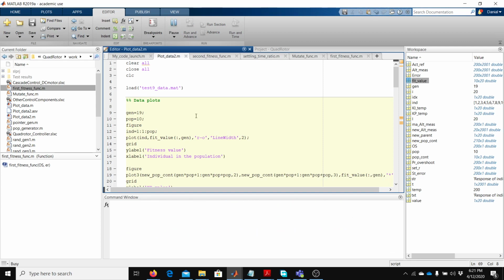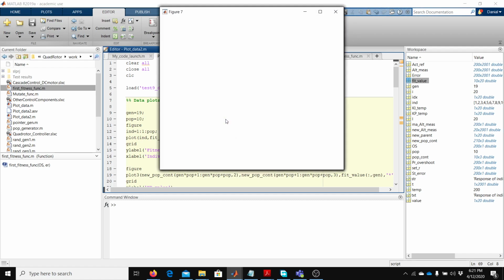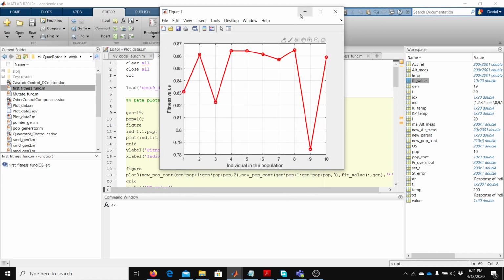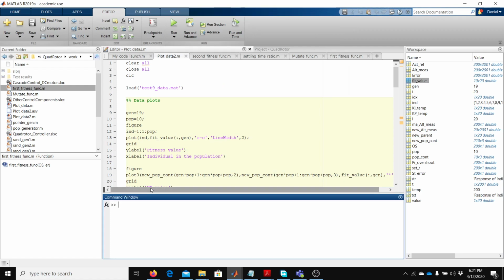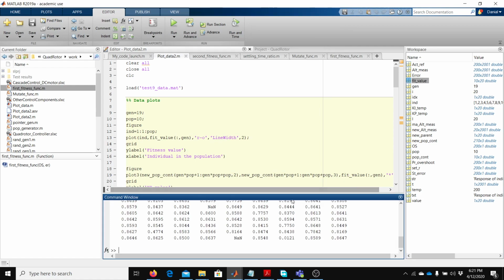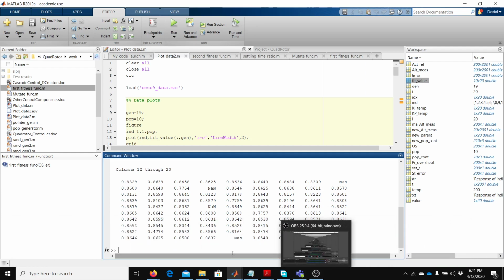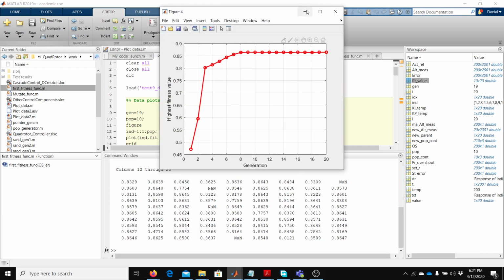So if you run these things, we're now going to get graphs, and I'm going to go through each graph as much as I can. Okay, so the very first graph shows you the fitness value of the last generation, and we can see that these are quite high.